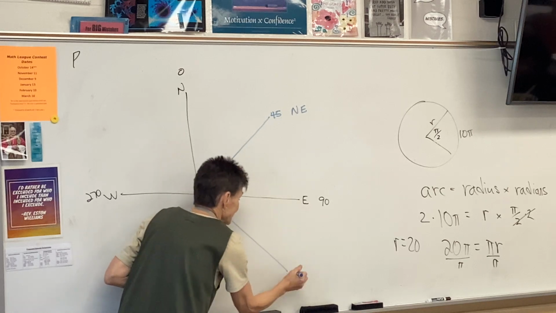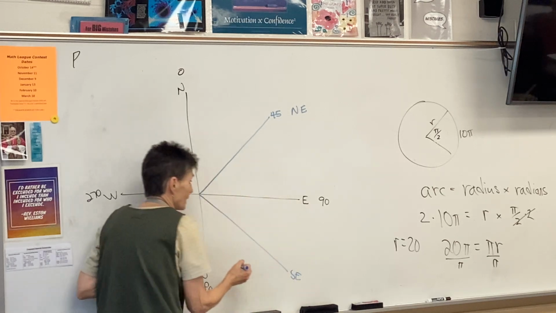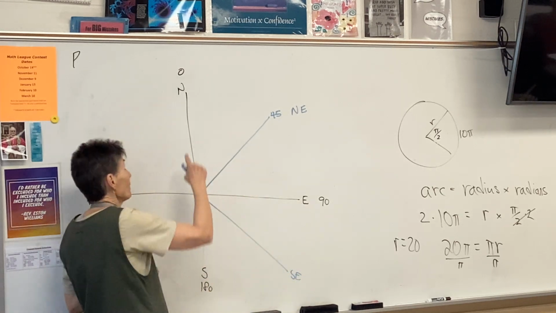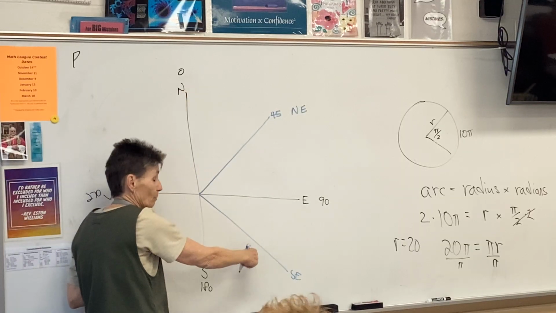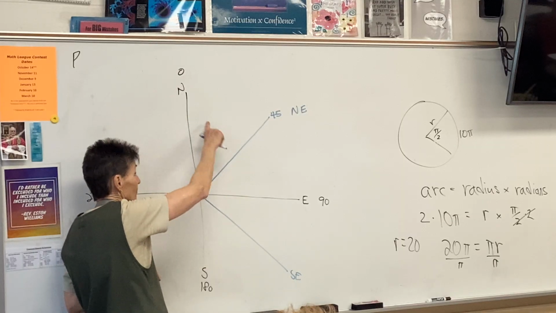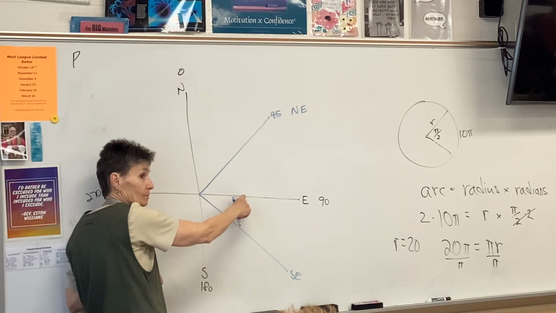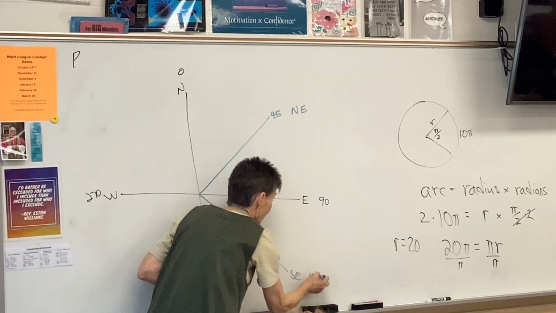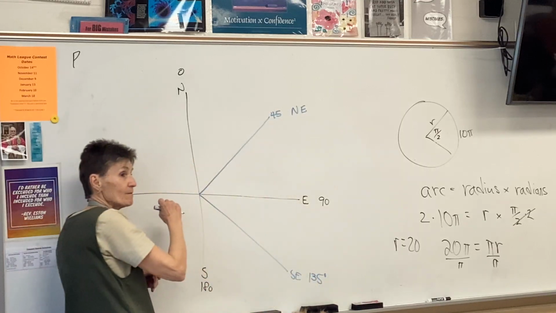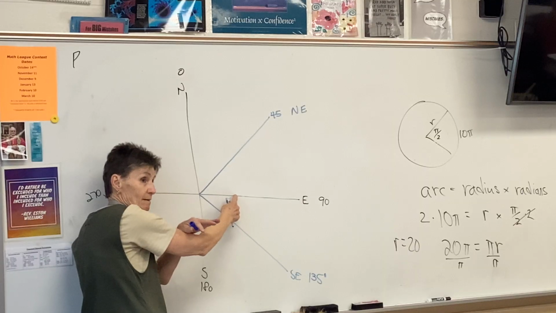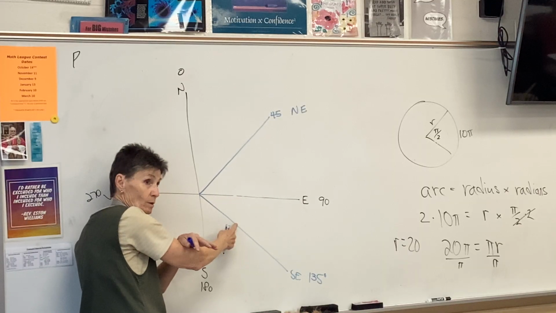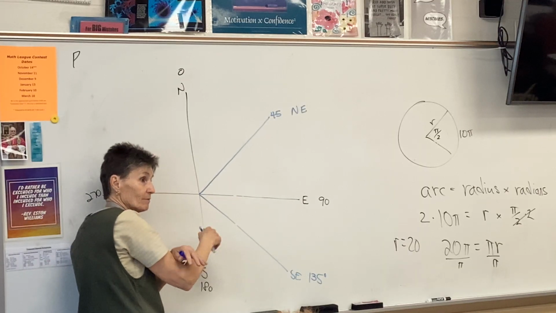So this would be southeast, and what would that angle be? Remember, you measure from up here, due north. So what would that angle be? 135. How did we get 135? Well, east would be 90, and then we went 45 more. We're splitting these in half.